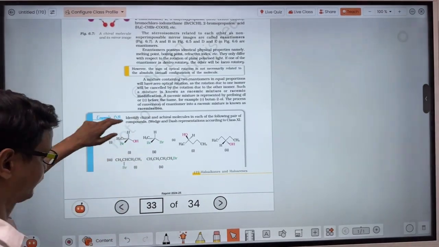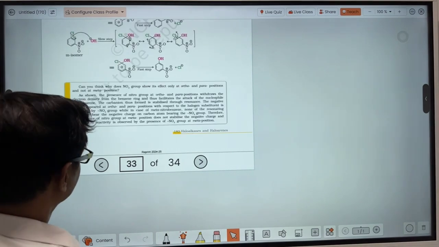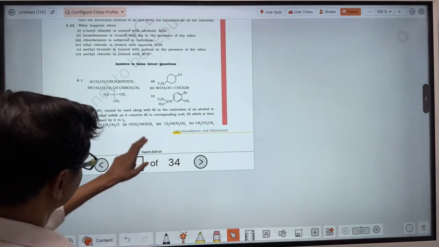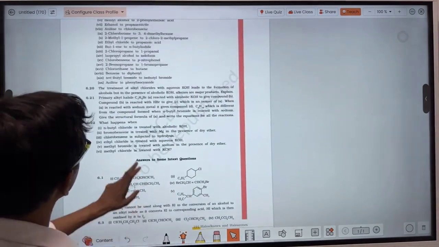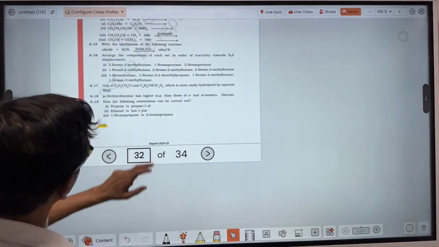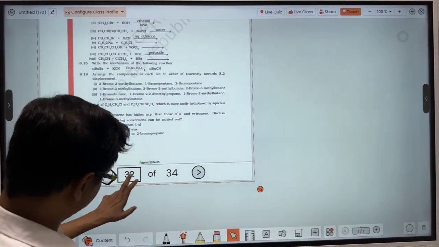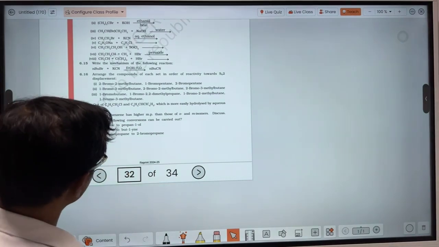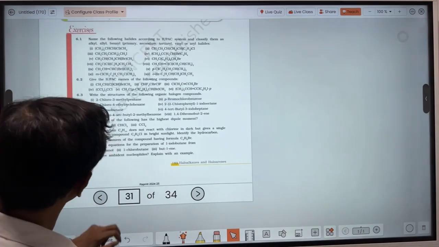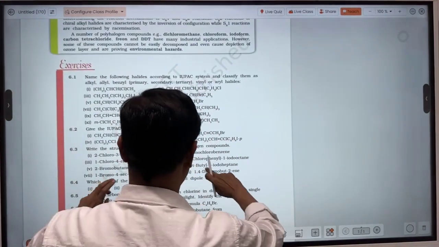Let's see. From this compound. So we discussed here also.